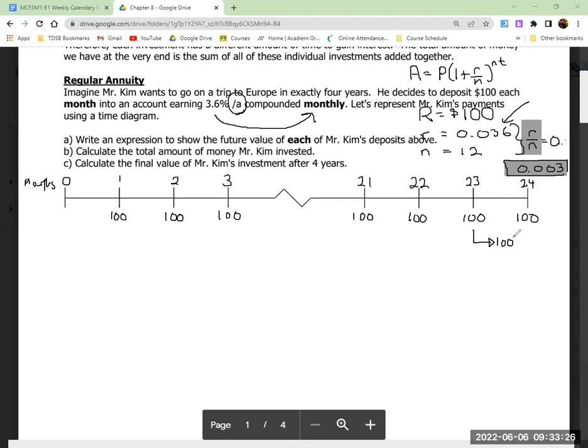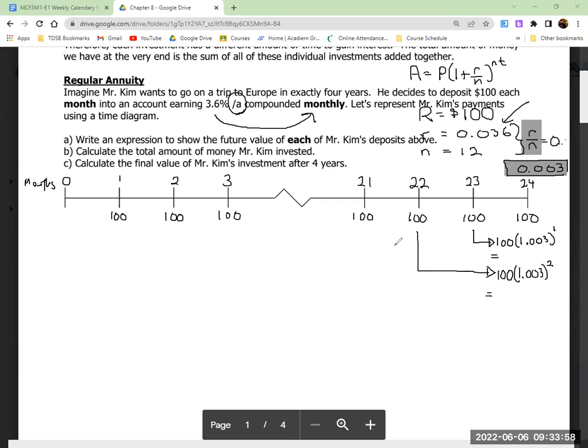My $100 earned for 1 month. How much did that second one earn then? I'm going to actually solve this. Okay, I'm going to put a little equal sign, so leave a space there. How many months passed for this $100? 2. So the exponent is a 2.